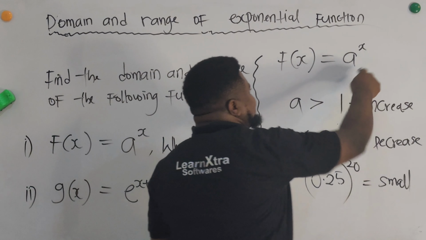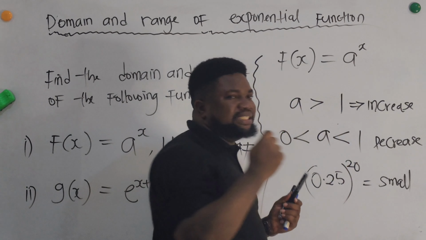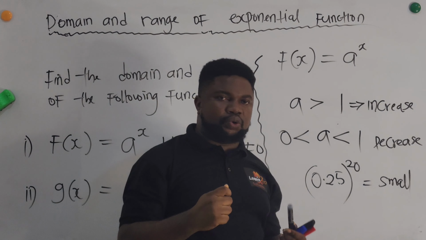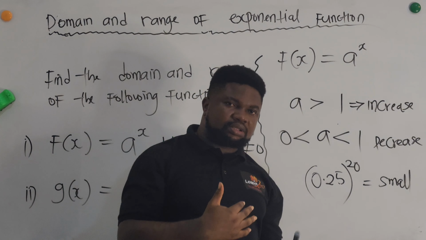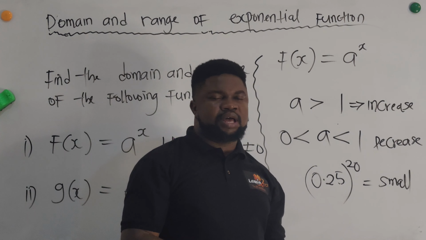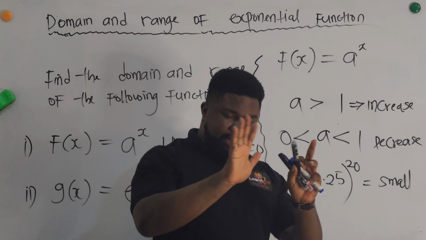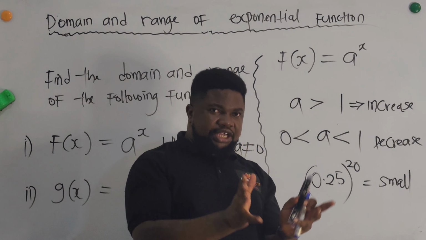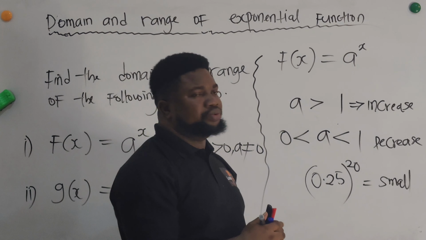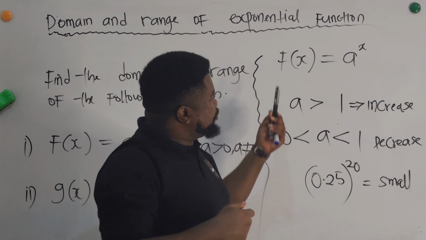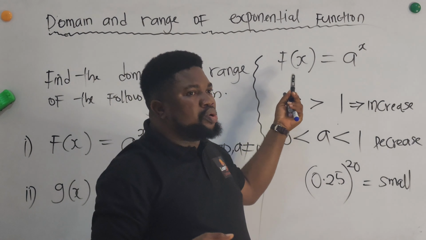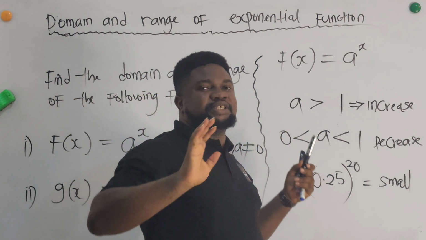The answer from this place can never be 0, no matter how rapid the function decreases. I am painting the image of the function for you. So the output from an exponential function must always be positive.